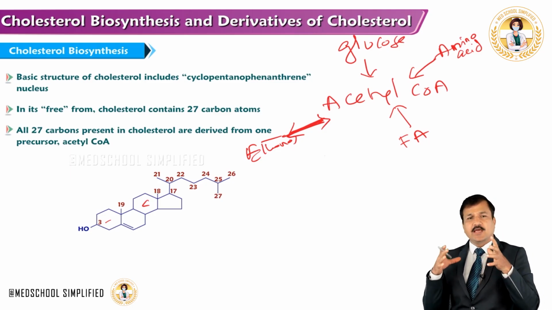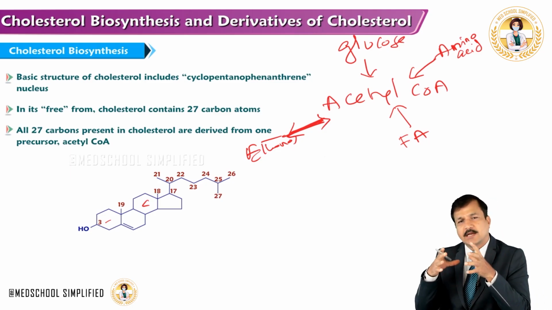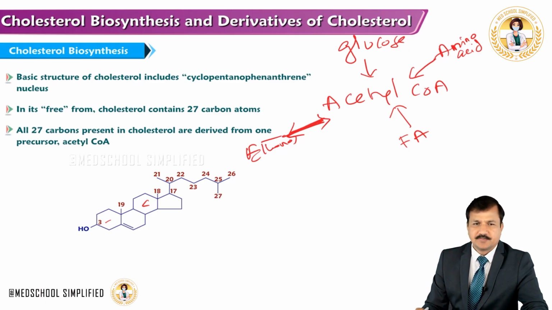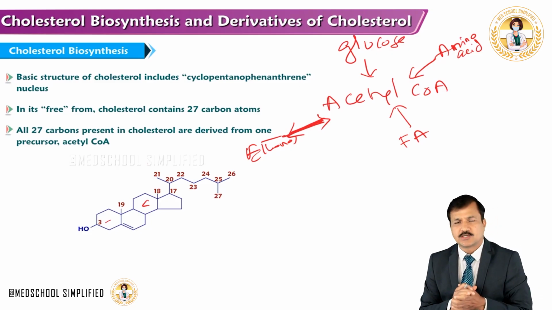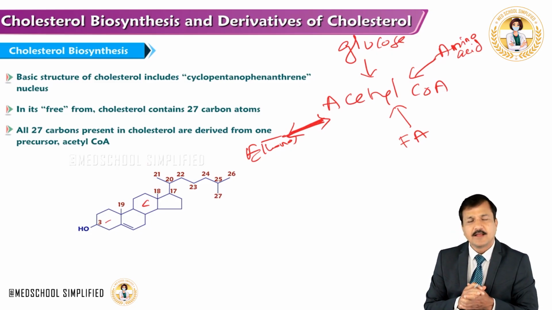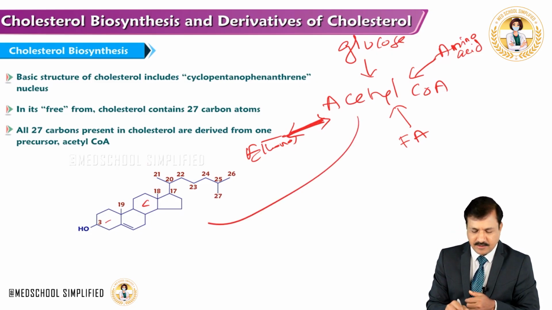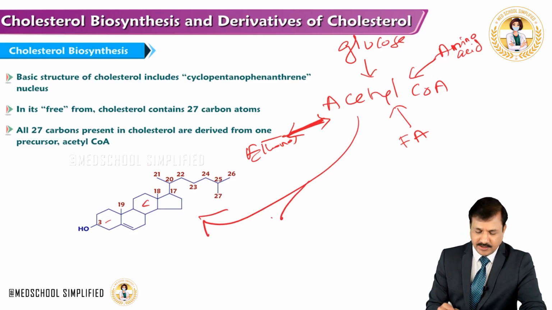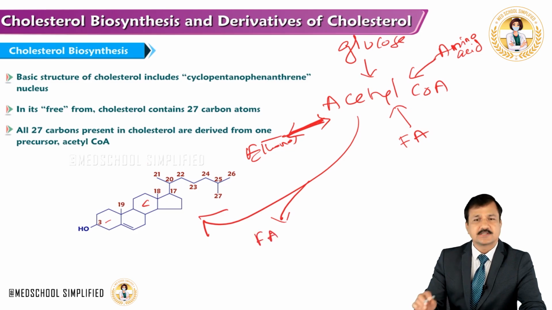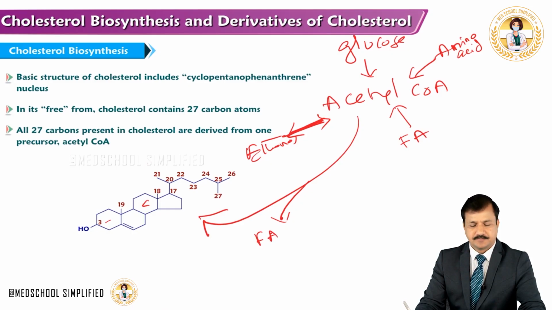So acetyl-CoA is a final common intermediate in our metabolism, and especially when the acetyl-CoA is derived from glucose under well-fed condition, it can be diverted into cholesterol biosynthesis. It will also be diverted into fatty acid synthesis. We are going to look into how exactly acetyl-CoA is diverted into fatty acid synthesis as we move on.